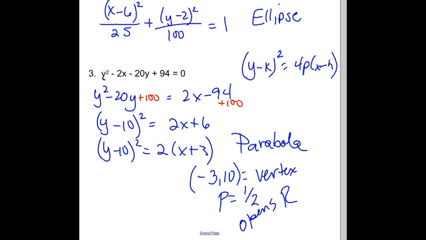So that is our vertex, negative 3, 10. Our p-value comes from here, that's 4p, so p would be a half. It's a y-squared kind, which means what? It opens sideways, and since p is positive, it's going to open to the right. Yes? Okay.